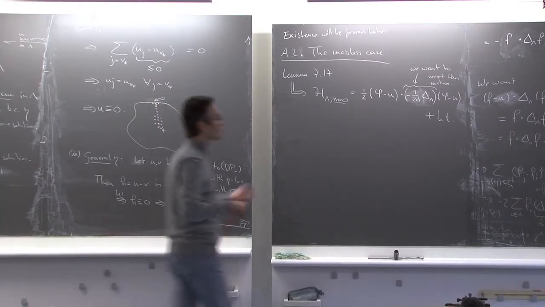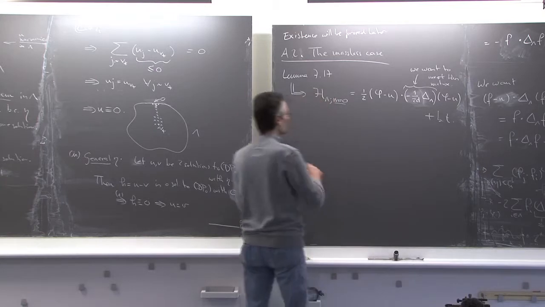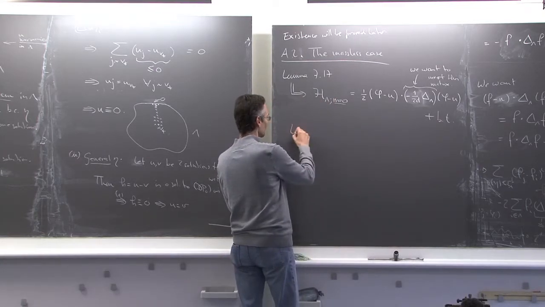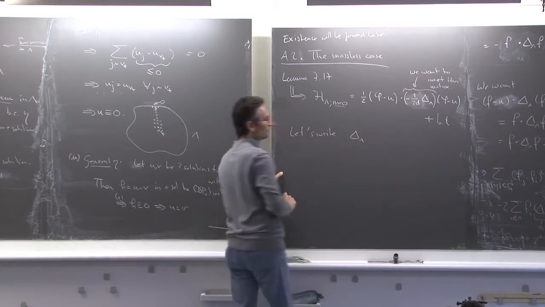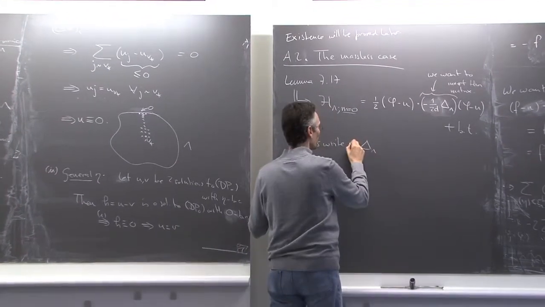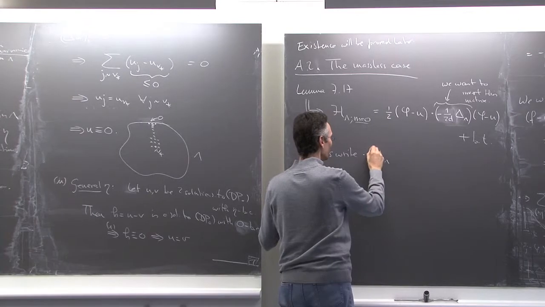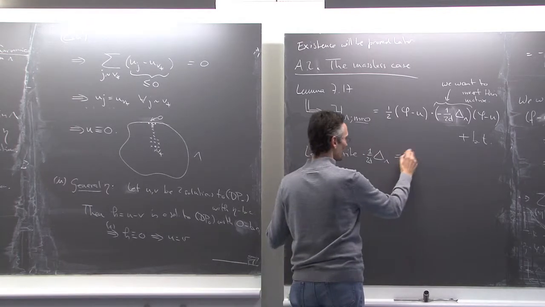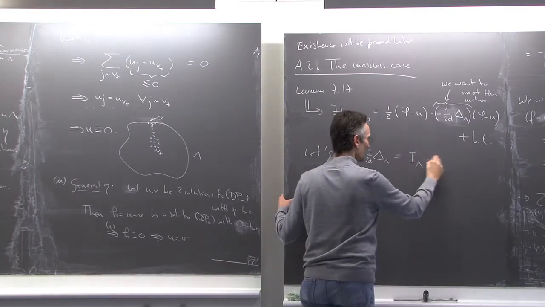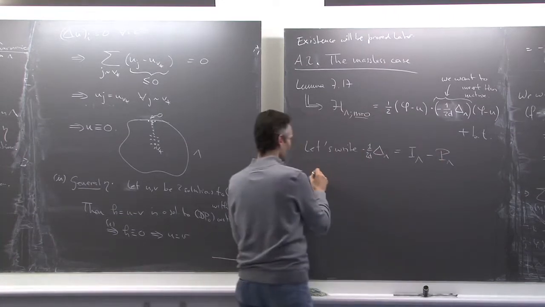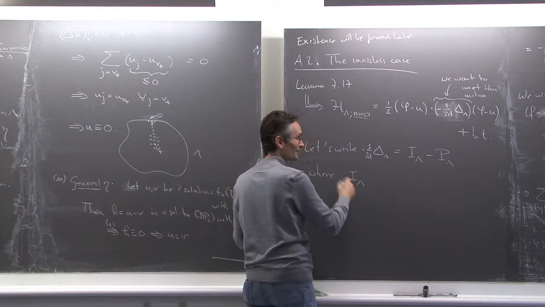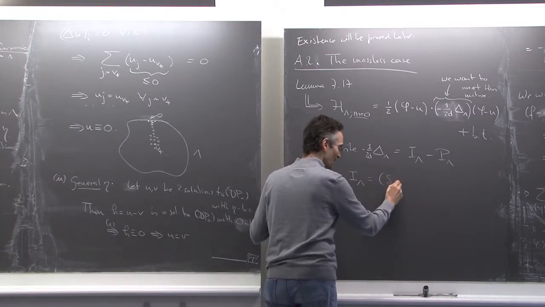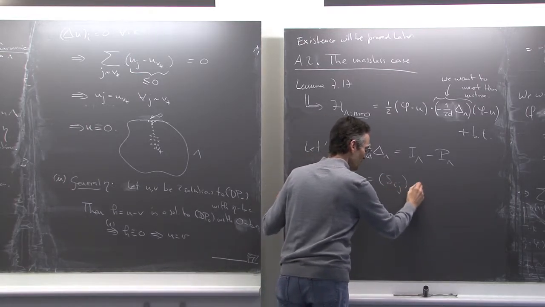So I want to invert the discrete Laplacian. I guess many of you have already done that, but I will do it explicitly also. Let's write this matrix, minus 1 over 2d delta lambda, as I lambda minus P lambda, where I lambda is just the identity matrix in lambda, the delta ij in lambda.